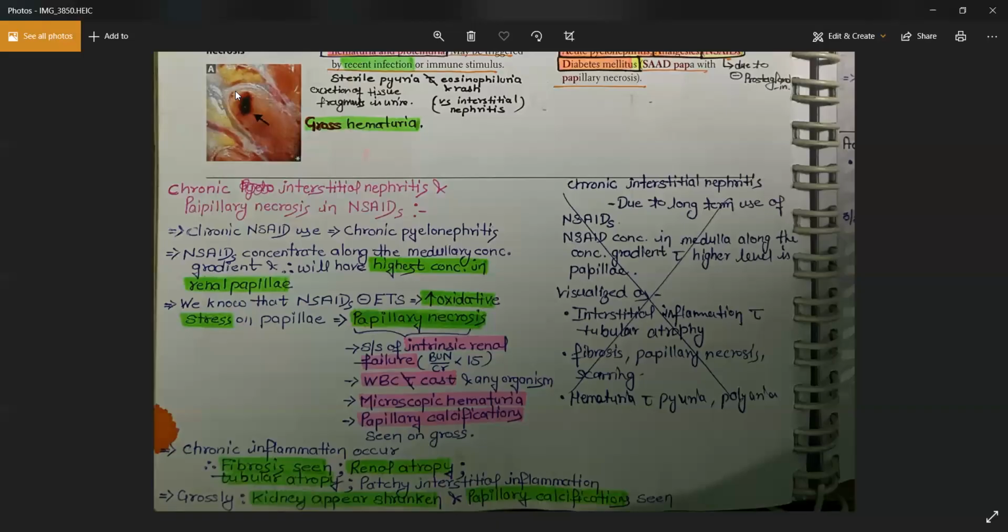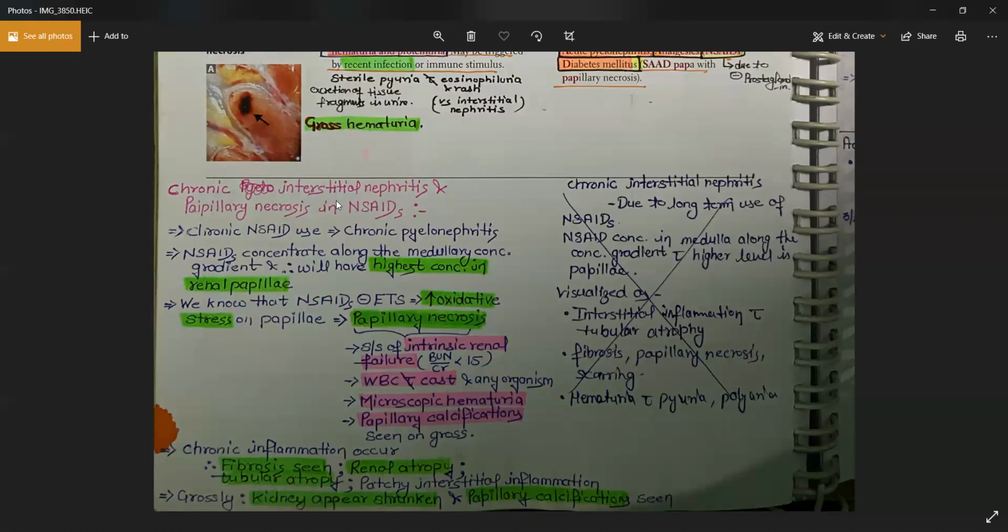So a patient on chronic NSAID therapy will have calcification on the papillae instead of the necrosis. Whenever you encounter a patient having calcifications on the renal papillae with a history of NSAIDs, you always think about papillary necrosis or chronic interstitial nephritis, not the acute, but a chronic interstitial nephritis.